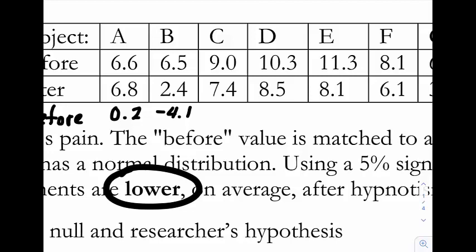Here, the next one, 7.4 minus 9.0 is negative 1.6. Again, grab a calculator, verify that. Next one, take 8.5 minus 10.3. You're going to get negative 1.8. For subject E, we'll take the 8.1 minus 11.3, and that will be negative 3.2.